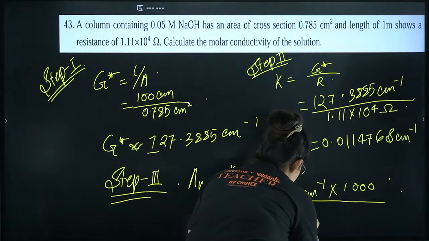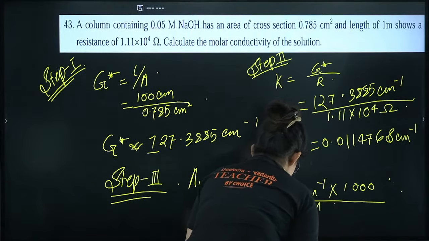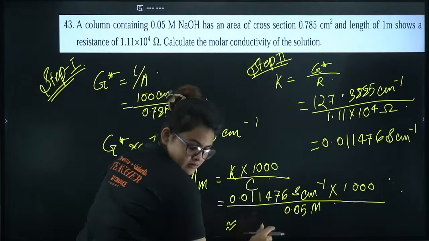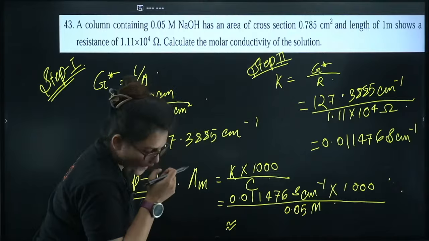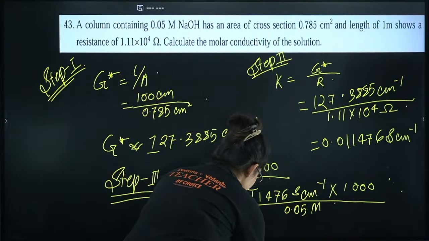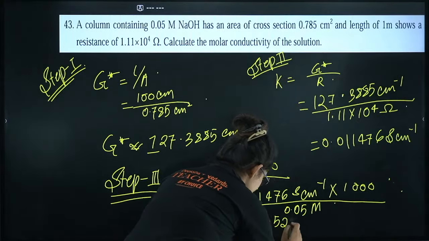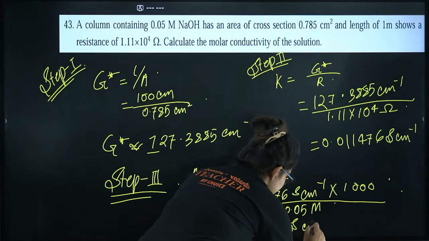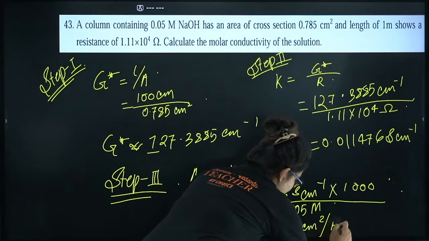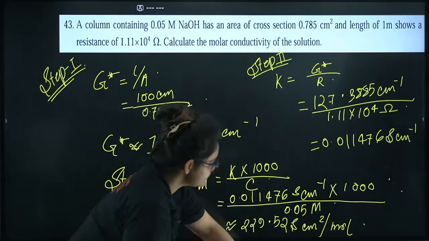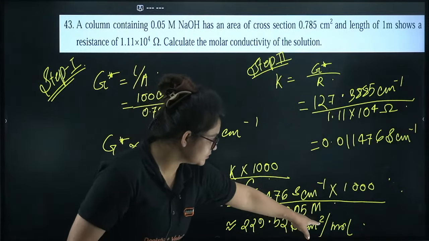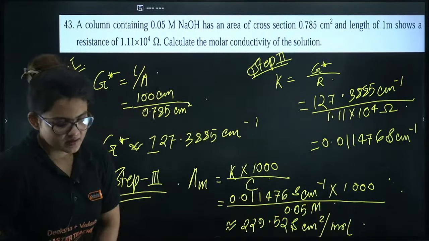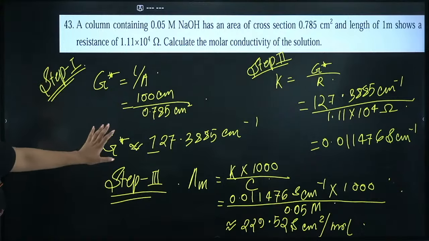Okay, 0.05 molar, right? So if you do the calculation, your answer should come as 229.52 Siemens centimeter square per mole. Okay, if you just break down this molarity unit, then this centimeter and mole you will get. Okay, so I guess it's clear to you.